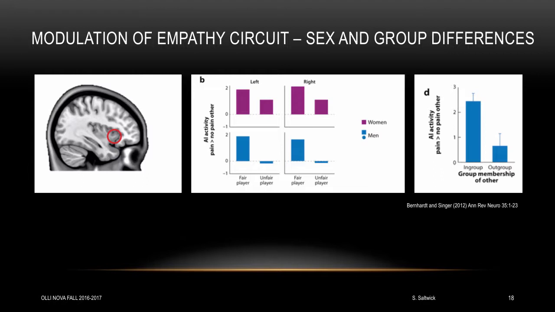If the person being given pain is a member of an out group, that means they root for a competitive soccer team, and then we'll see the difference. In this instance, you can see that males are much more empathetic to members of their own group compared to members of an out group. This means that empathy is highly selective, and social factors need to be considered in its study and modulation.